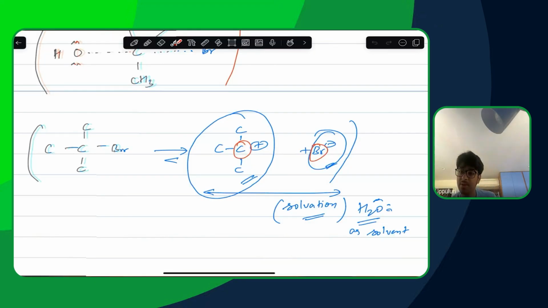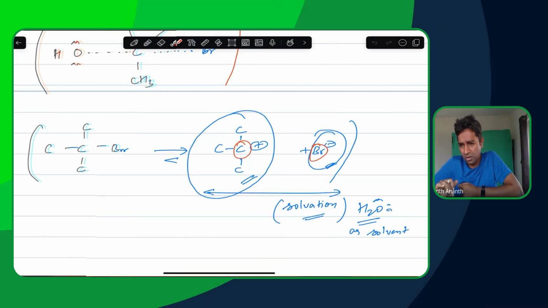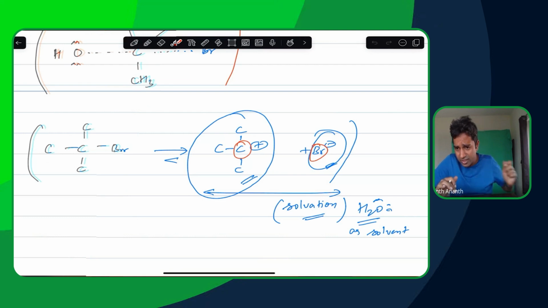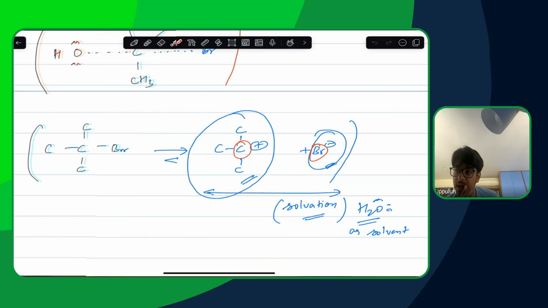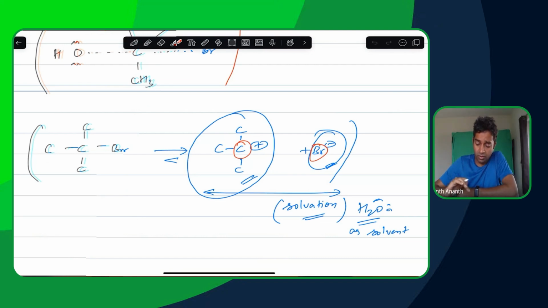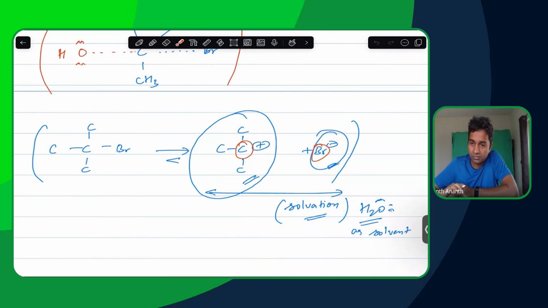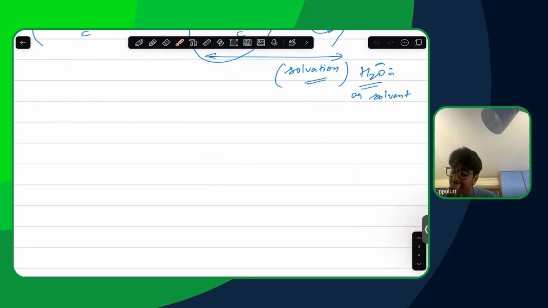Sir, for phenol and ethanoic acid, I thought maybe because of ethanoic acid, the phenoxide ion and the acetate ion comparison. Okay.